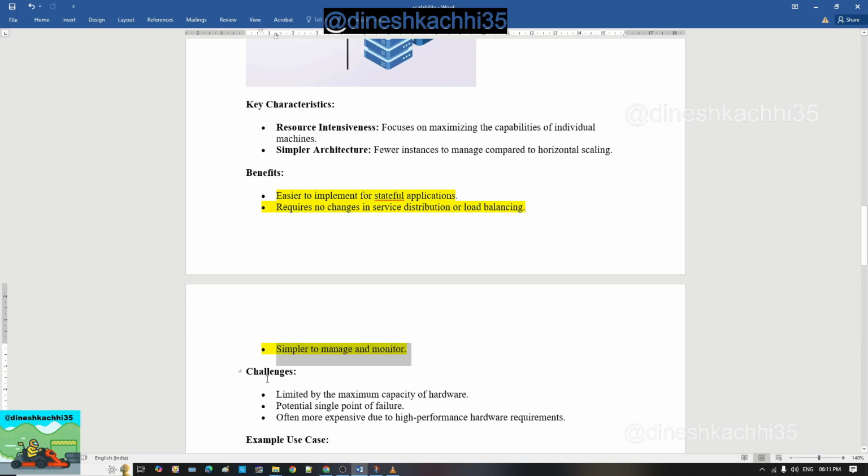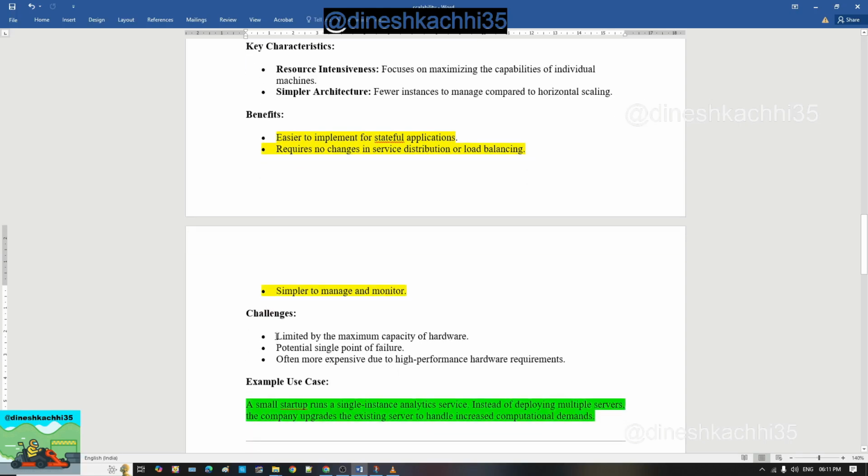But there are some challenges. For example, you are increasing the RAM, CPU, or memory for a particular machine, but there are some limitations of increasing the hardware. At the point of the threshold or bottleneck, it will fail to serve. So there is a certain capacity.